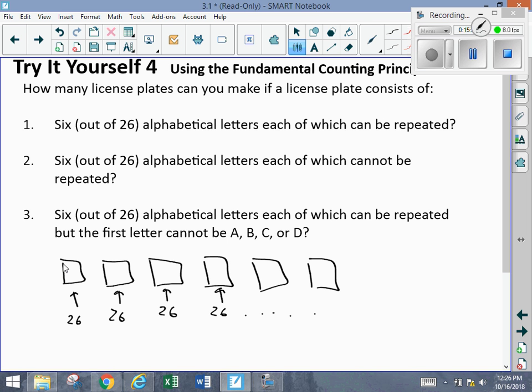So, imagine if we were to draw like a tree diagram for each of these, right? There would be an A, B, C, D, E, F, G, right? For each of these. So then what would be our total possible outcomes? How many different license plates can you make? A lot.